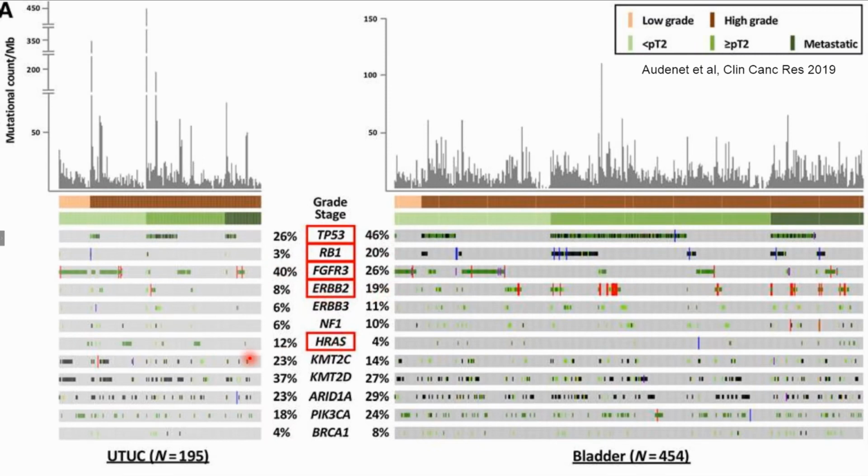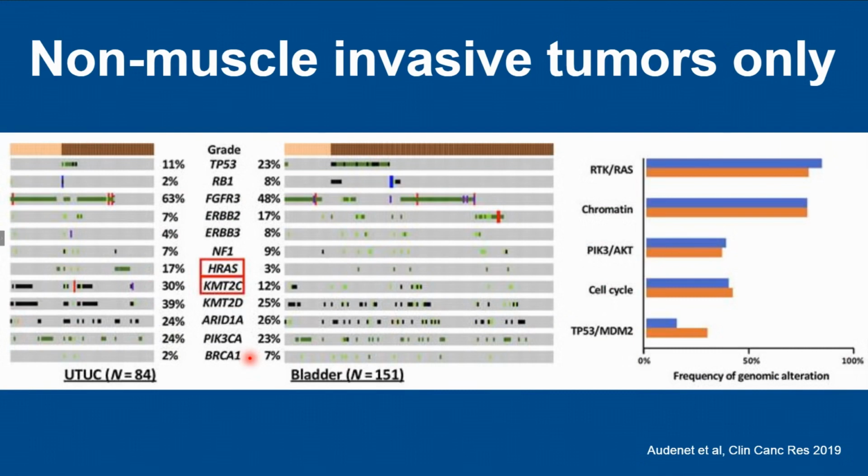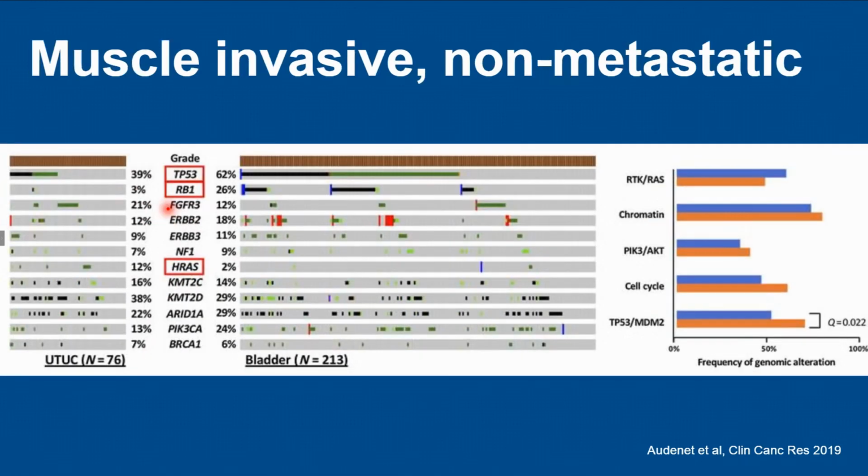If we go to really the only fair comparison, it is to divide it into non-muscle invasive, muscle invasive, and metastatic. And there also you have to be careful about grade. But if you look at non-muscle invasive alone, we see HRAS differences, and then KMT2C, which is one of the chromatin remodeling genes. You can see also FGFR3 tends to be higher, but is not statistically significant.